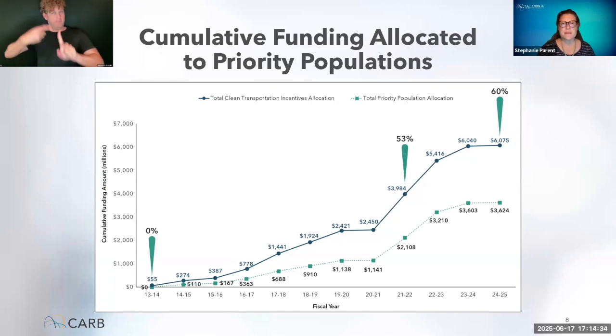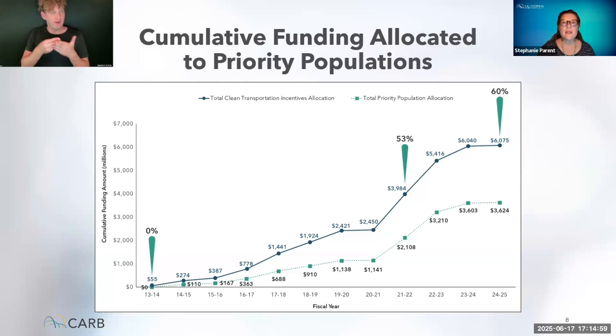As the graph shows, in fiscal year 2013-14, 0% of our incentive funds were specifically directed toward priority populations. As projects matured and more projects launched, we and our partners began to increase the percentage of funds benefiting priority populations.